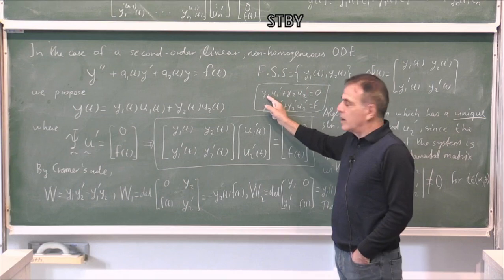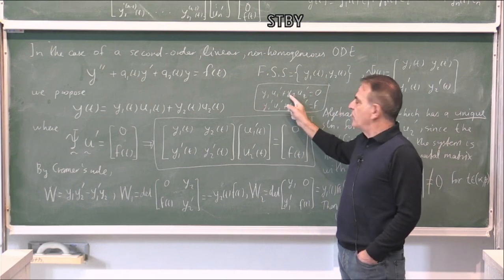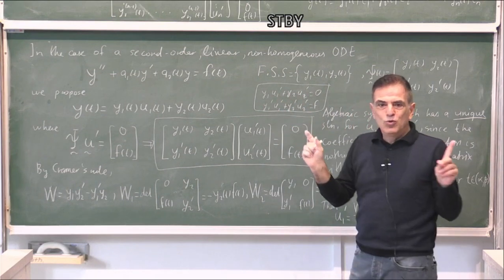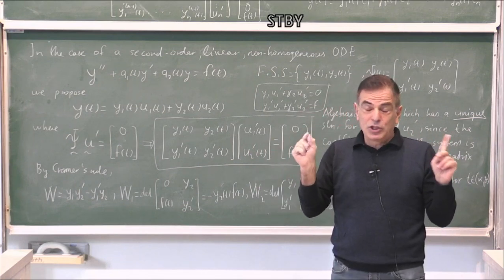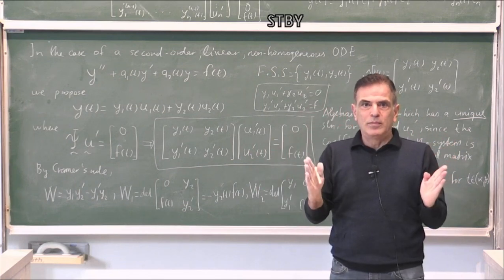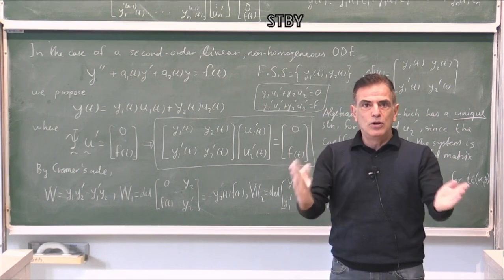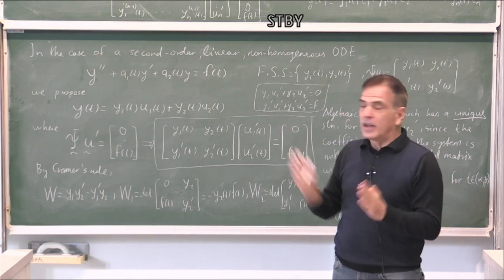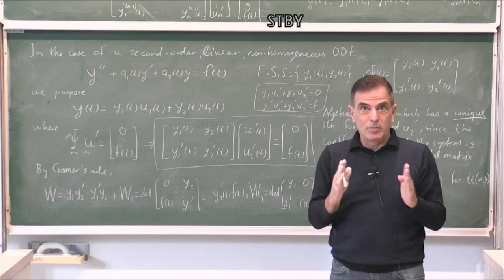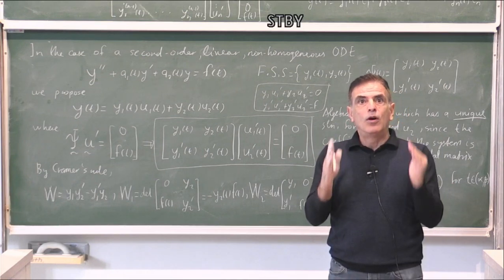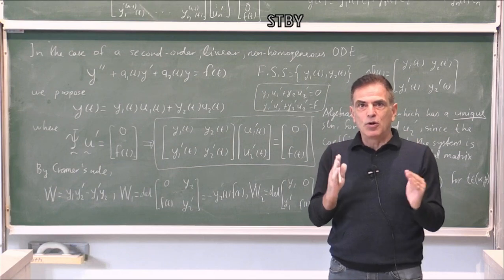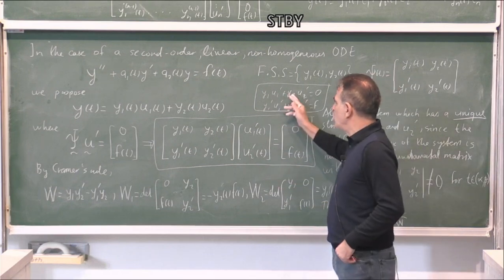Remember that y1 is very well known. y2 is very well known. They are two linearly independent solutions of the corresponding homogeneous equation. And we assume, and this is basic to the method of variation of parameters, that the solution of the corresponding homogeneous equation is known, which means that y1 and y2 are known.